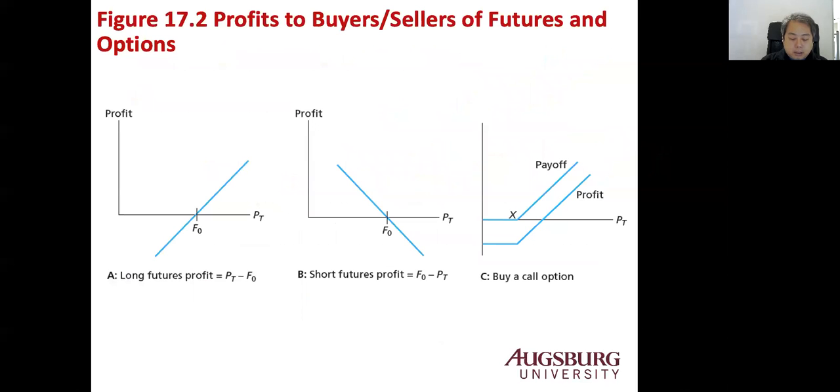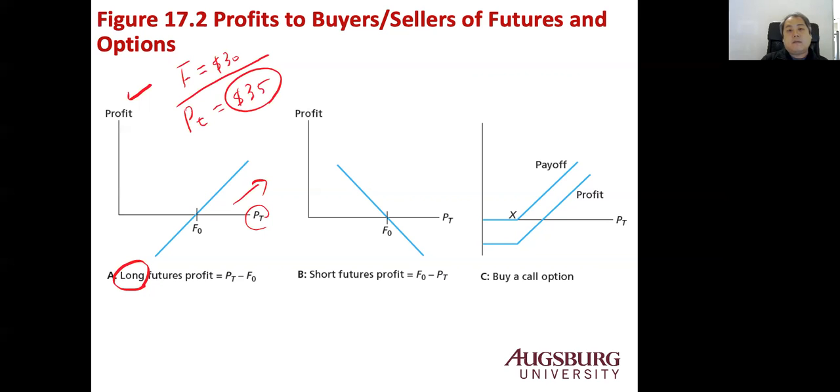So this is the diagram for the futures or forward contract. The first one is the long position. So you buy, then if the price keeps rising, you are profitable. Let's say you have a futures price of $30, and on the delivery date the price becomes, say, P_T. So on the delivery date, say the price is $35.